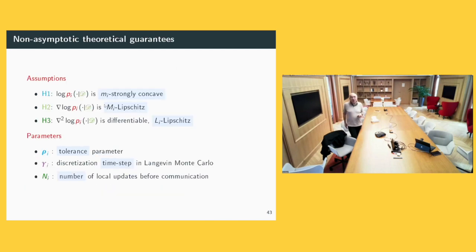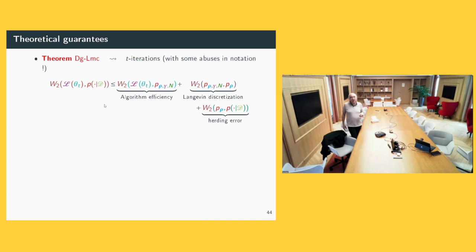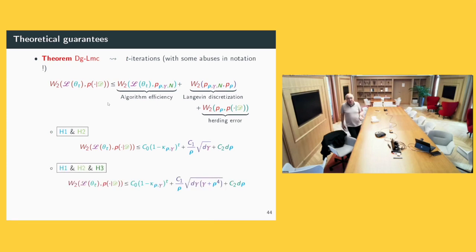Okay, you can do a non-asymptotic theoretical analysis under always the same type of assumptions. You may decompose the error into different factors. You have what is called the hierarchical error, an error linked to the Langevin discretization, and something linked with algorithmic efficiency. What you obtain at the end of the day is not optimal.